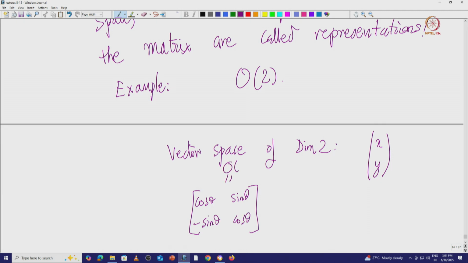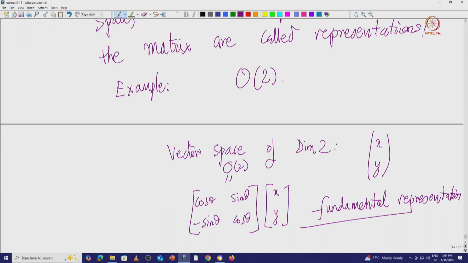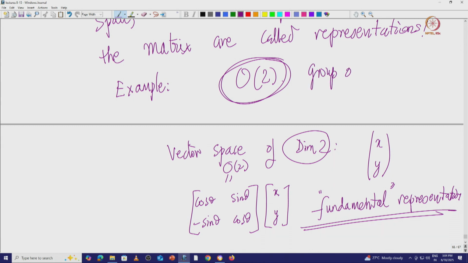So this is a representation of O2, and such a representation is called the fundamental representation. Why it's called fundamental representation is that the dimension of the vector space and the dimension of the group are the same. O2 is a group of rotations in 2 dimensions.